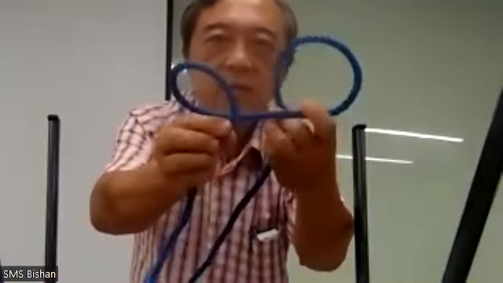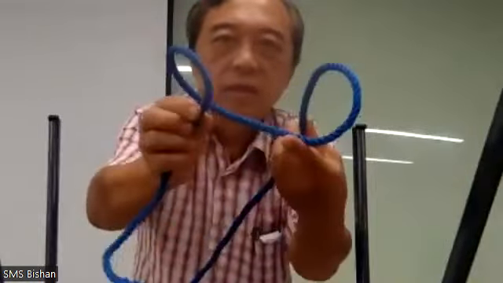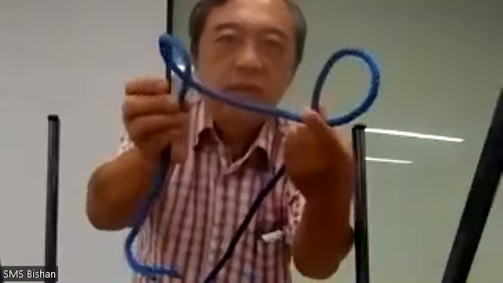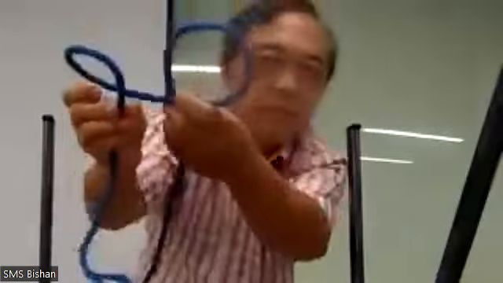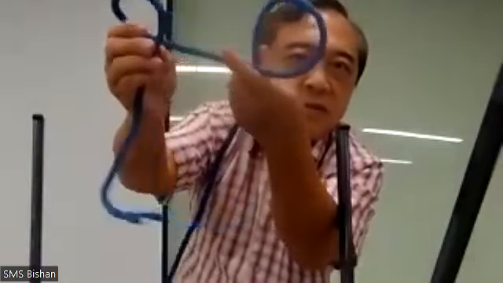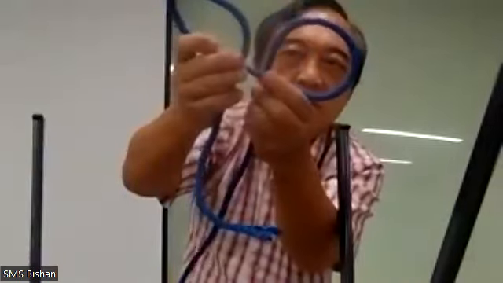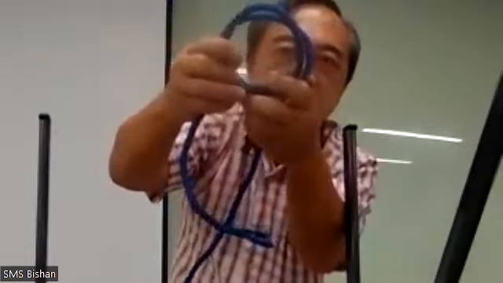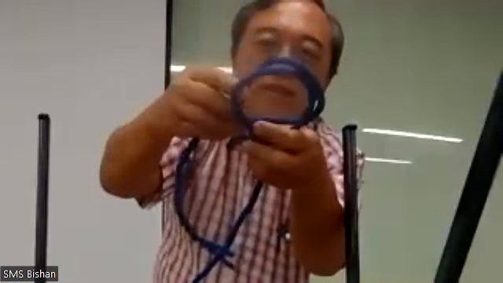Okay, you can see, it looks like that. This loop, one on top, one below, and then you just put it around like this. Then you can hook onto your things. You make the two loops, you overlap one on top of the other, and then you hook onto your bundle of sticks and pull.